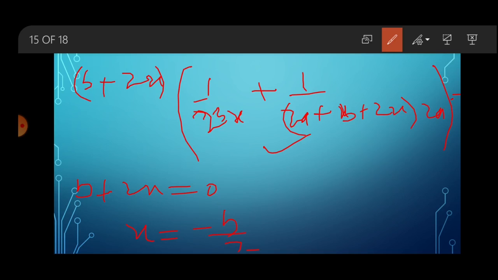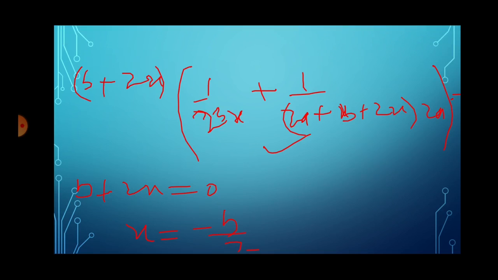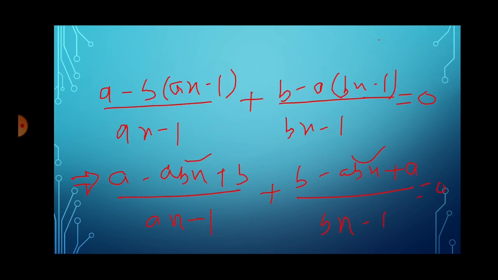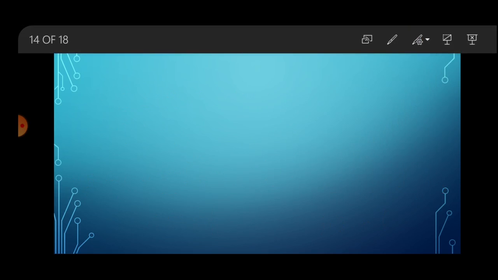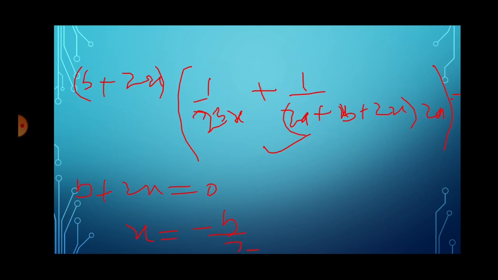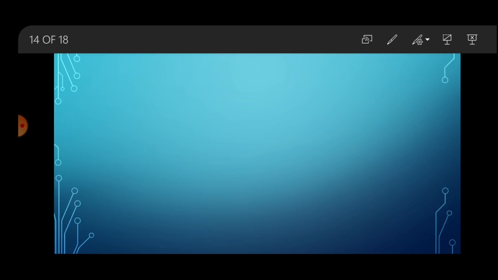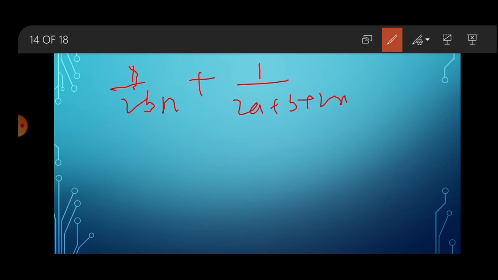So again, I will equate this particular term to 0. Now what I will have is 1 upon 2bx plus 1 upon (2a plus b plus 2x) into 2a is equal to 0.